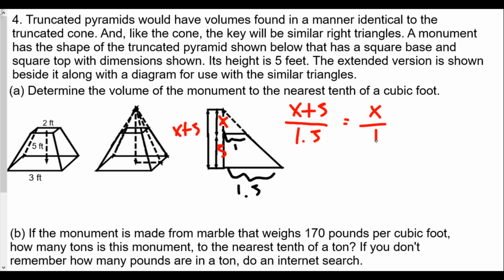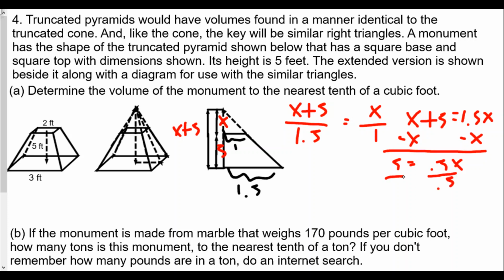And so we cross multiply, and in this case we get x plus 5 equals 1.5x. All right, so now we just subtract x on both sides, and we get 5 is equal to 0.5x. Divide both sides by 0.5, x equals 10.